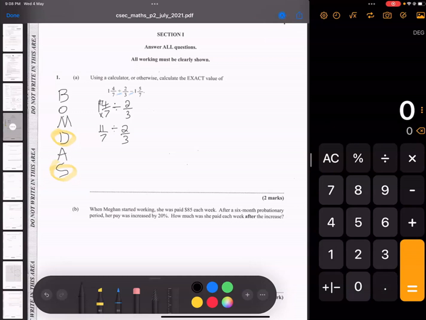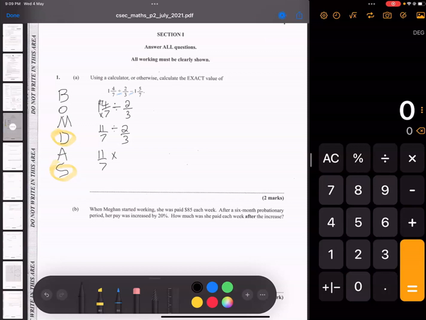So what we'll do now is change the division sign into a multiplication. So we're going to keep, flip, and switch. We keep our first fraction, 11 over 7, change the division sign to multiplication, and flip the second fraction.